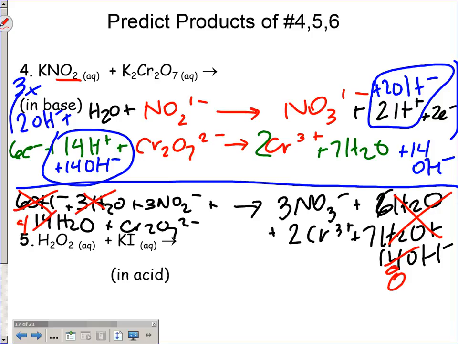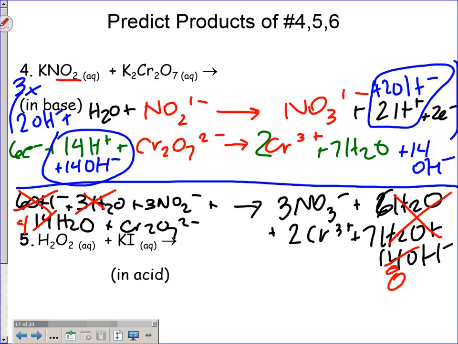Here we go. I think we're done though. So overall, my full reaction, I'm not going to rewrite this, but I'm going to say it out loud, would be 3 nitrites plus 4 waters plus a dichromate yield 3 nitrates, 2 chromium 3 pluses and 8 OH minuses. That's balanced in base. Whew.